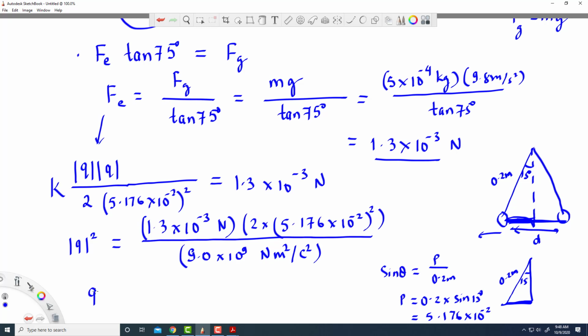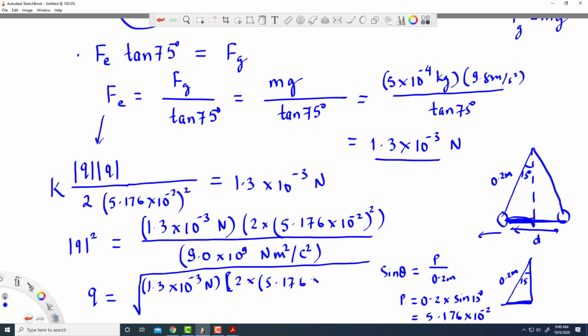And then Q would be, we need to take the square root of that: 1.3 times 10 to minus 3 Newton, times 2 times 5.176 times 10 to minus 2 squared, over 9 times 10 to 9. Do that calculation. That will give you the value of Q.